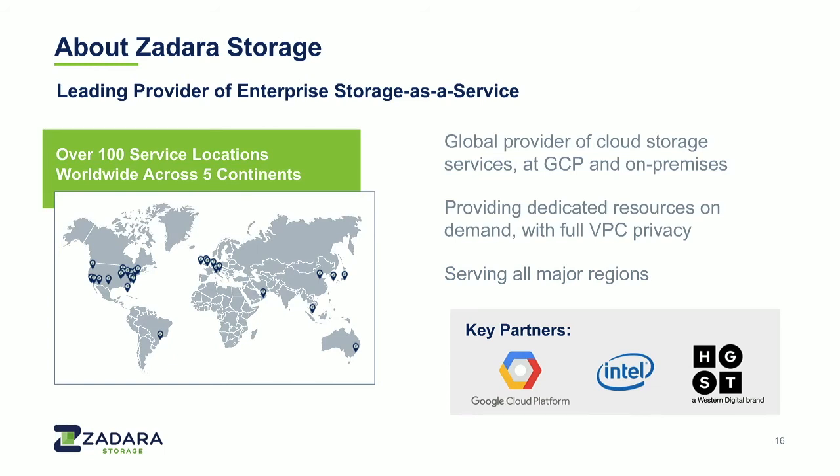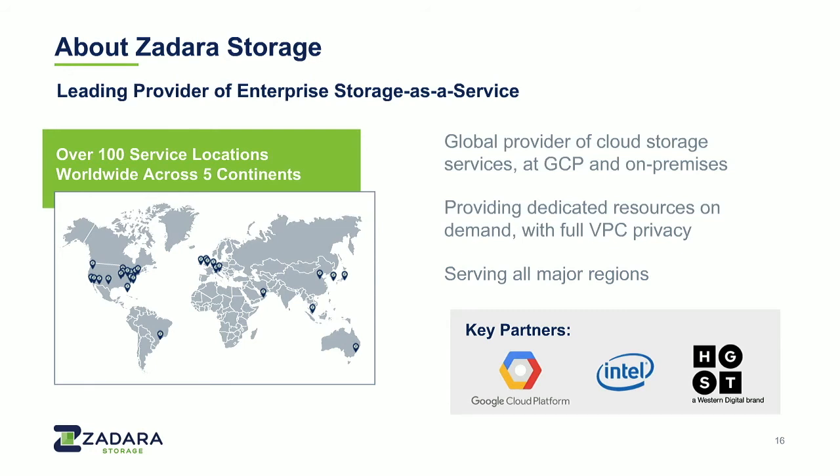Because of the dedication of resources and because of our network architecture, you get full private network privacy. That means inside GCP, you are within your GCP private network, and within our end of the wire, you're in your own VLAN. Every customer gets their own VLAN, or can be multiple VLANs, and we can also expose our storage to multiple networks on your side simultaneously.